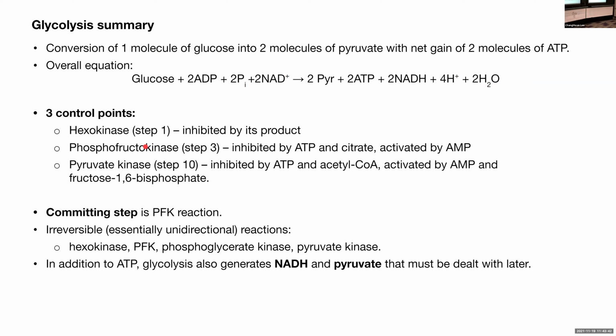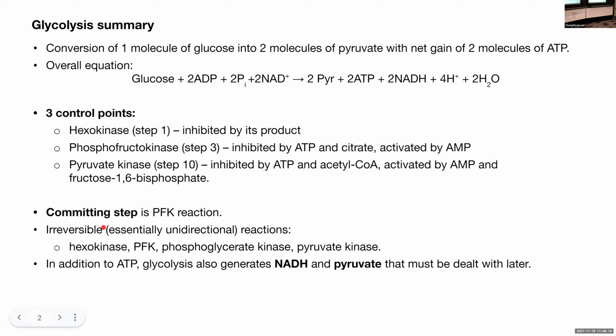And the third control point was pyruvate kinase that happens in step 10, inhibited by ATP, similar to phosphofructokinase, as well as acetyl-CoA, and activated by AMP and fructose 1,6-bisphosphate. And the committing step that we talked about, where once it passes that step it cannot go back, was this PFK reaction, which is on step 3 here.